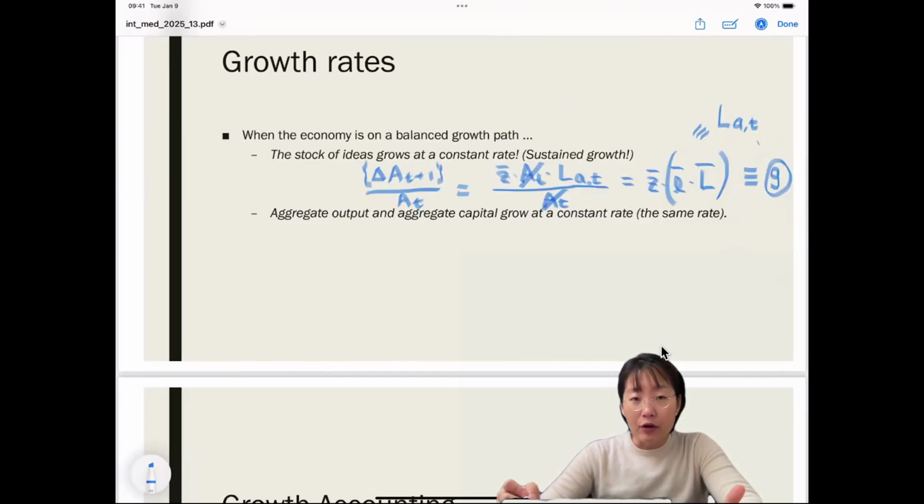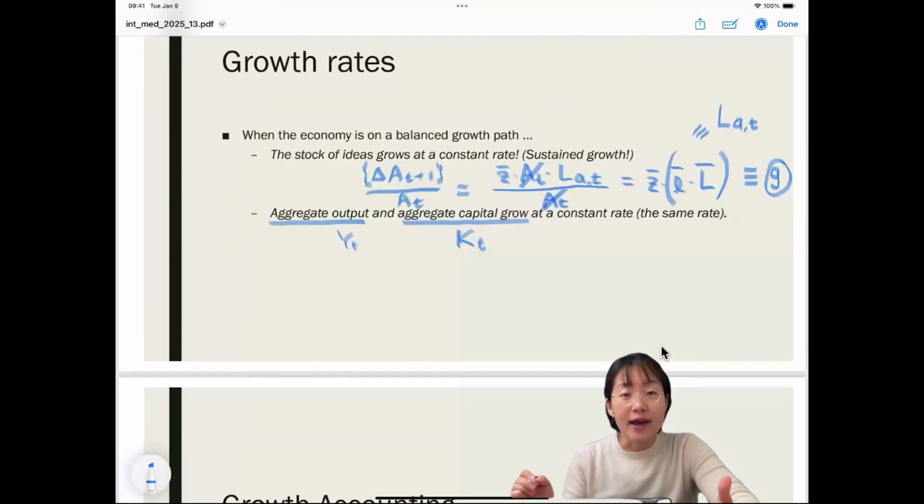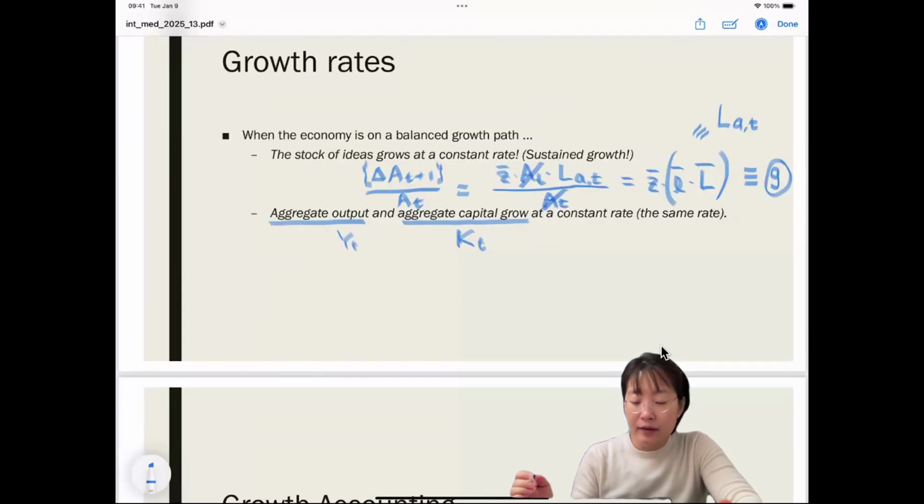Now let's take a look at the growth rate of aggregate output, capital Y, and aggregate capital goods, capital K or big K. And they will grow at the same growth rate. Why is that? So let's take a look.